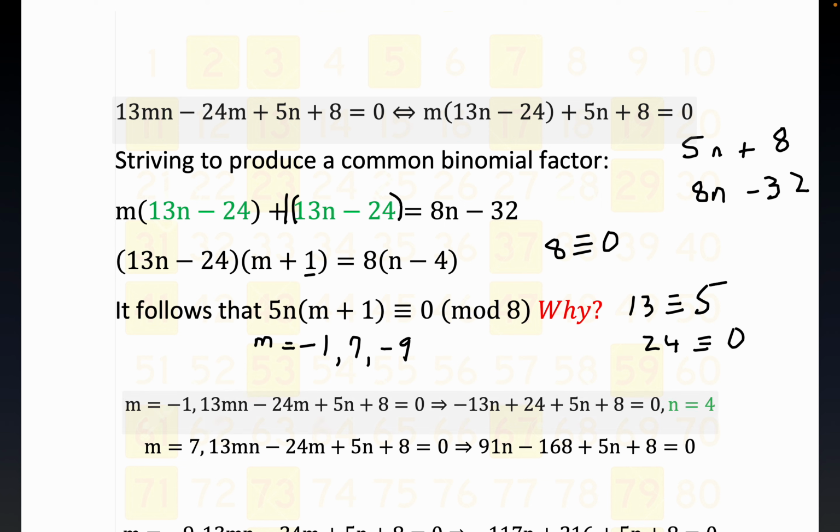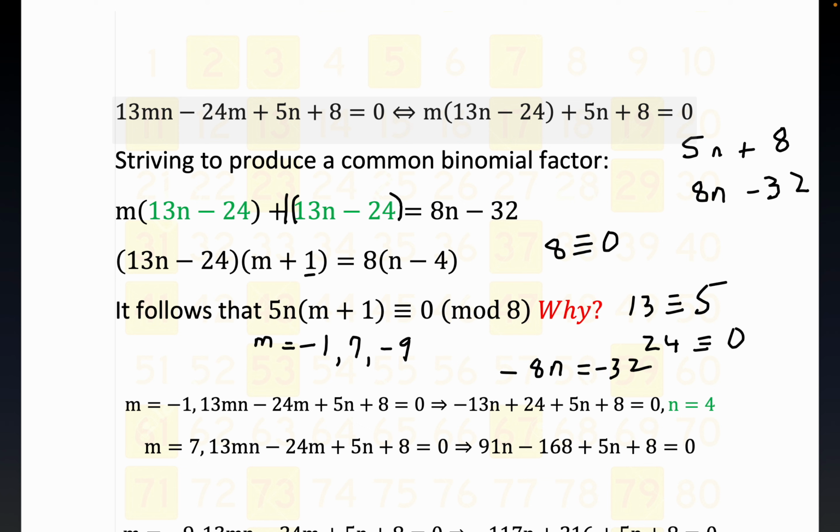So these are some tries to substitute back into the original equation. This is our original equation, the problem equation right here. When you substitute m equals negative 1 in right here, you get this statement. Does that end up being minus 8n equals 32? You take that to the other side, so you get minus 8n equals minus 32.